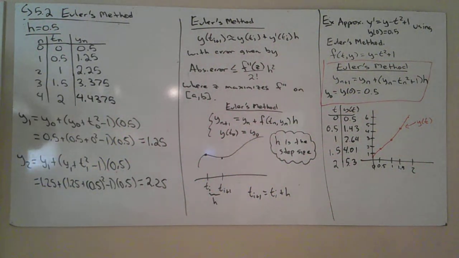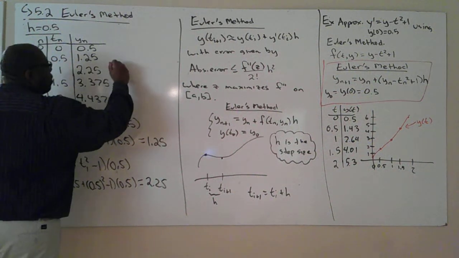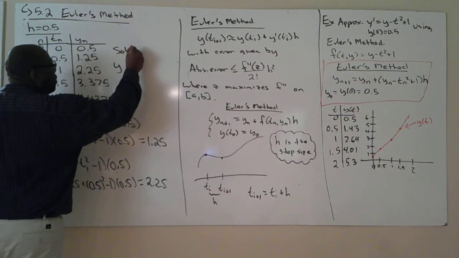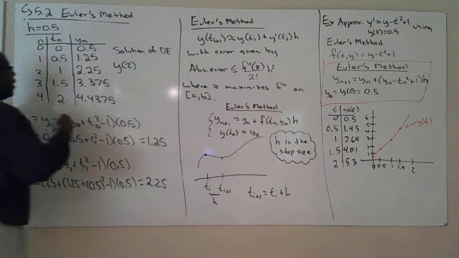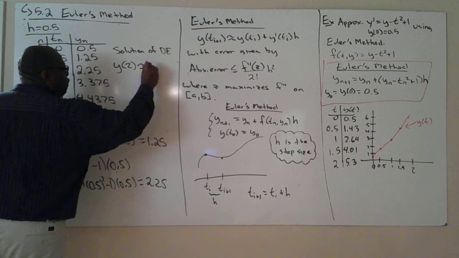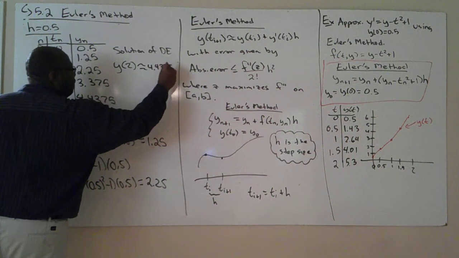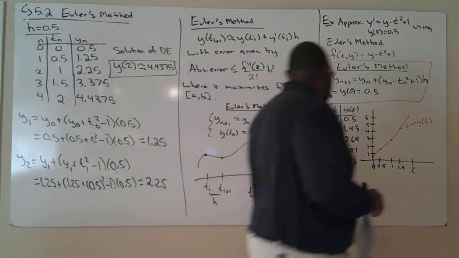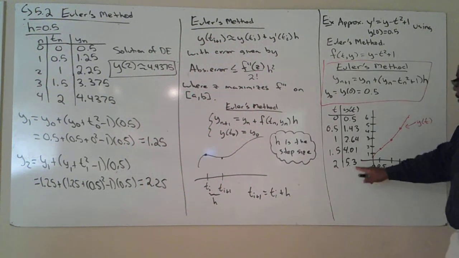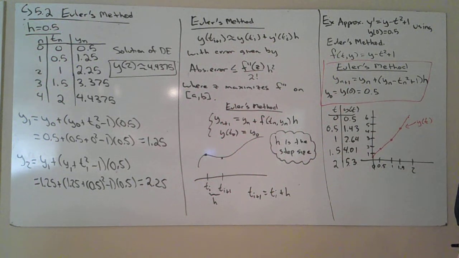So in this case, my solution of the differential equation at 2 is approximately equal to 4.4375. Now, is that very close to the value of my actual solution? And the answer is no, not really. My actual solution is 5.3. Here I have 4.4375. That's pretty far off.